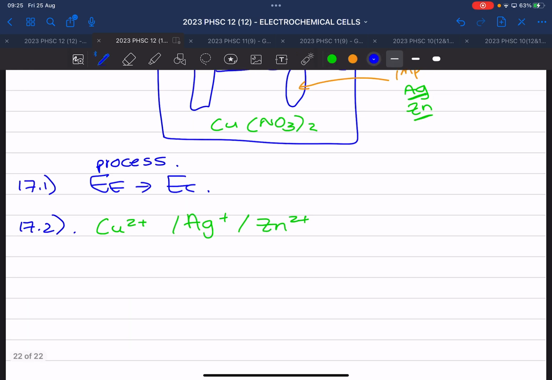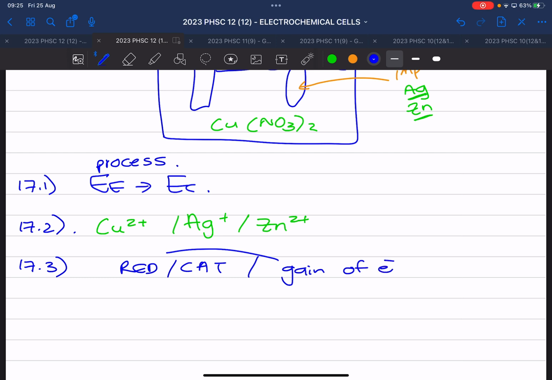Okay. Right. Then question 17.3. Write down the half reaction that takes place at the cathode. At the cathode. Cathode is again reduction or oxidation? Reduction. So reduction is at the cathode, and that is the gain of electrons.